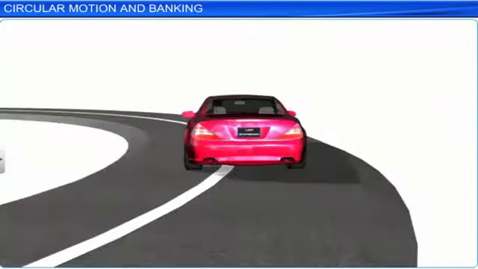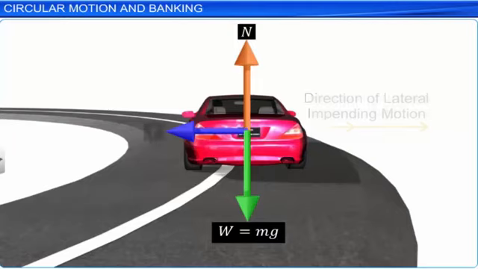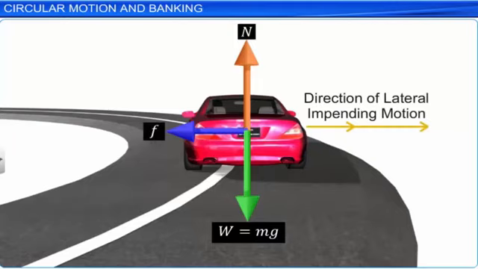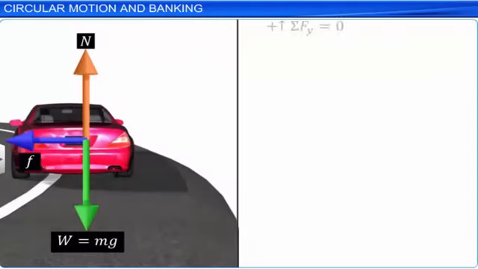There are three forces acting on the car, namely, weight of the car, mg, normal reaction, N, and frictional force, F. As there is no motion in the vertical direction, the net force in the vertical direction is 0. We can say that normal reaction is equal to the weight of the car, mg.